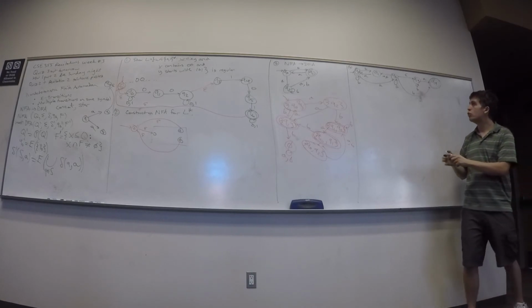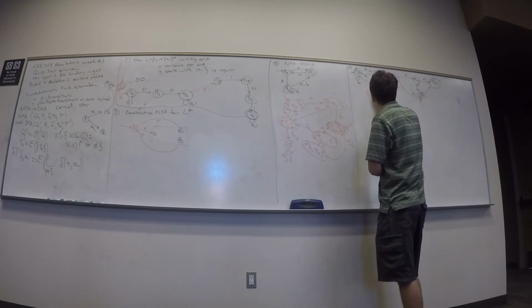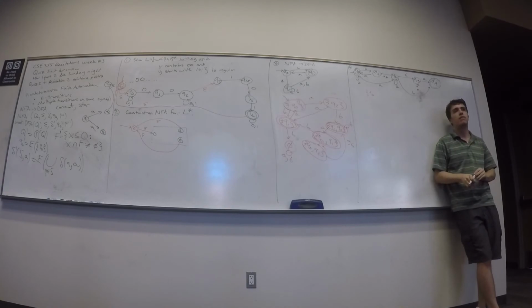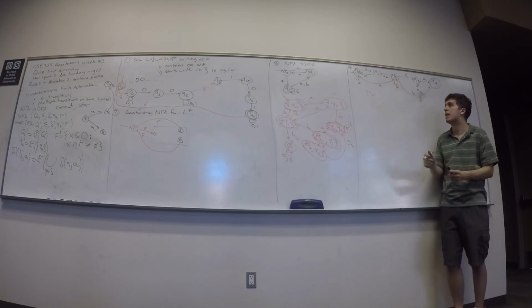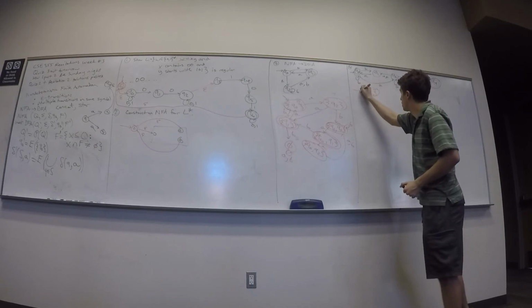Well, it better include Q0, because that's the start state up here. Can I get anywhere else via only epsilon transitions? No, I don't think so, because there are no other epsilon transitions coming out of it. So this really is my new start state.